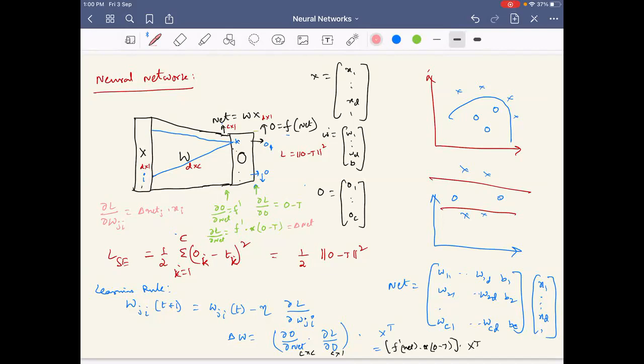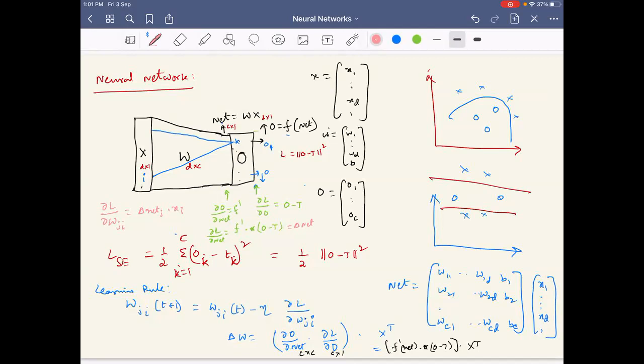This comes from the fact that net value equals W into X. When you find dou net by dou Wij, you actually get the corresponding xi into a one-hot vector. That one-hot vector we absorbed in net, and hence we got the corresponding element of net, that is net j.